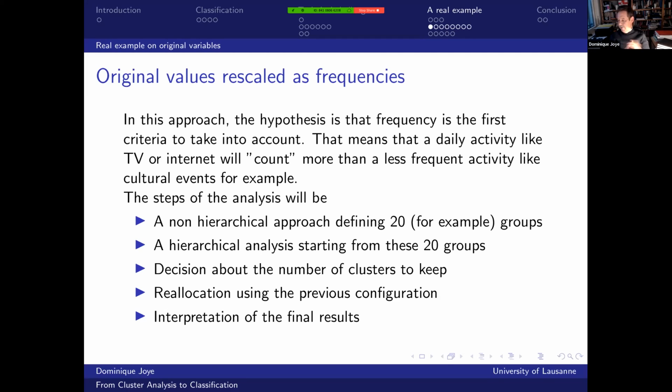That will give me some indication about the structure of the data. Then I can decide the number of clusters that I want to keep. I will show you that there are different solutions. And from that, I can use the result of the hierarchical analysis as the basis for reallocation. And then I can try to interpret the different results.